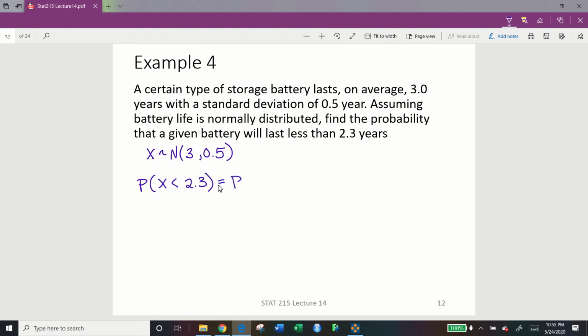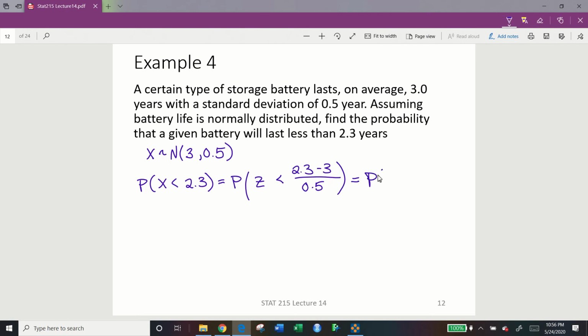So this is going to be equivalent, if we use our z-score, to 2.3 minus 3 over 0.5. So notice what I did there is I just went ahead and put the z-score formula and all of its parts right into my equivalence statement.